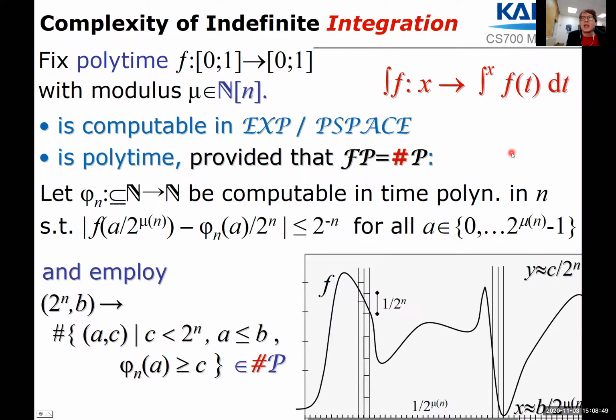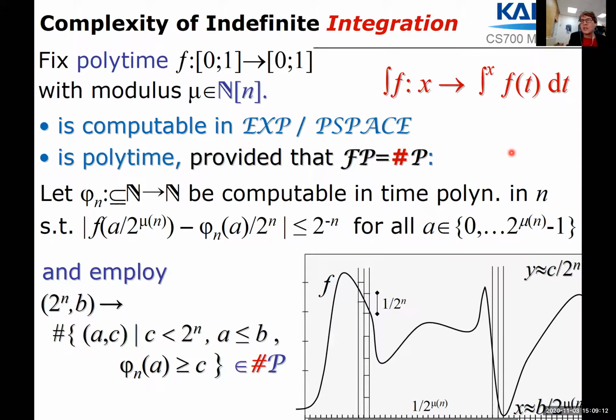So the difference is kind of similar to parametric maximization and unparametric maximization. It's also similar in the sense that definite Riemann integration is a functional. It returns one real number, the value of the integral, whereas indefinite integration is an operator.